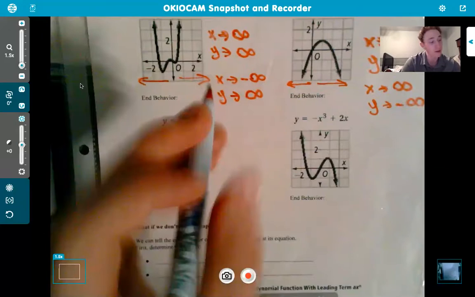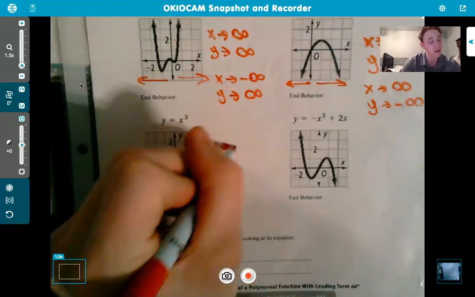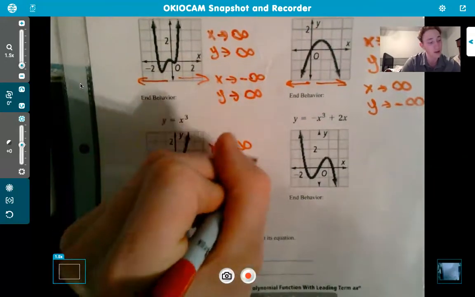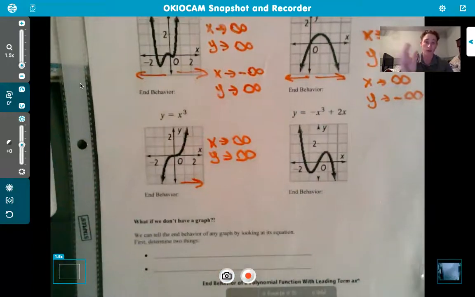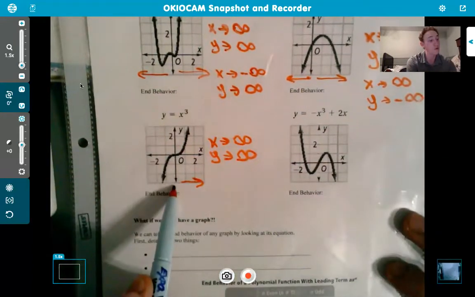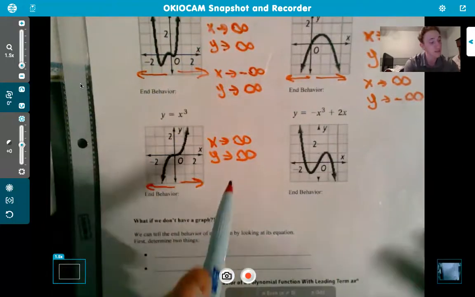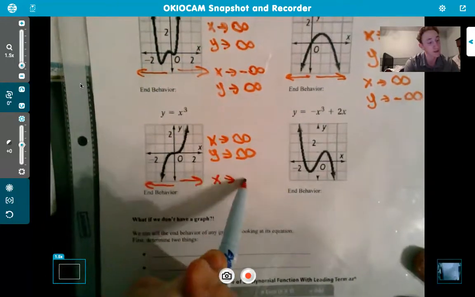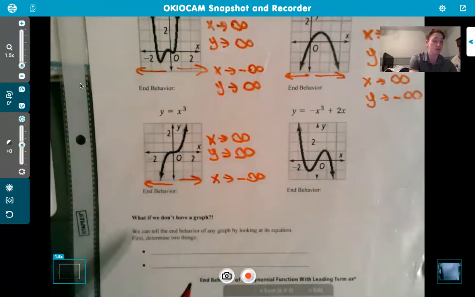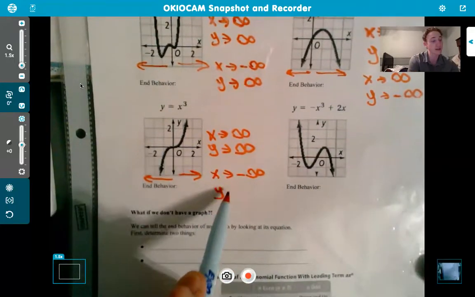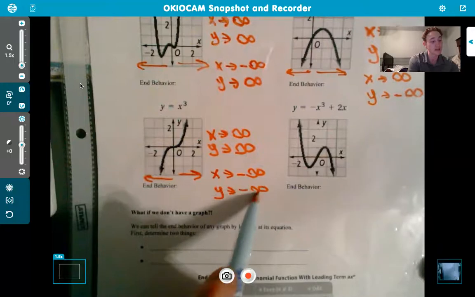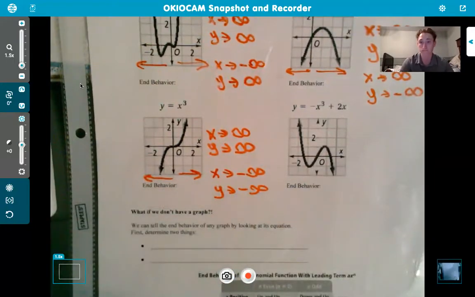So as x approaches infinity, my y is also approaching infinity. Whereas if I move all the way to the left, it continues on in the negative direction, it approaches negative infinity, it is decreasing to negative infinity as well. That would be my end behavior for that type of equation.